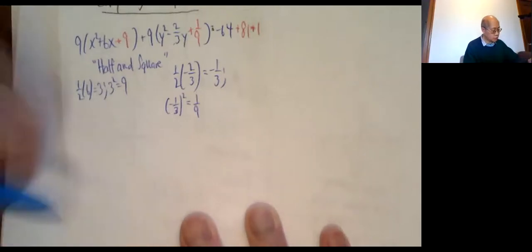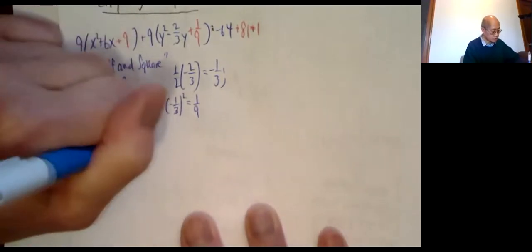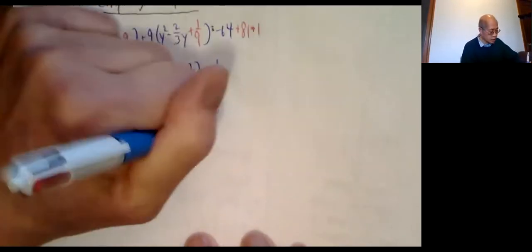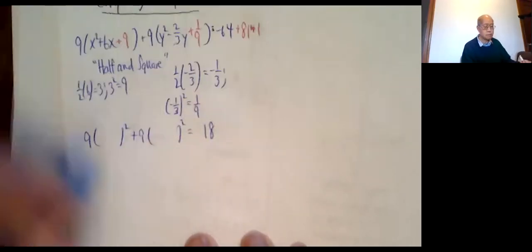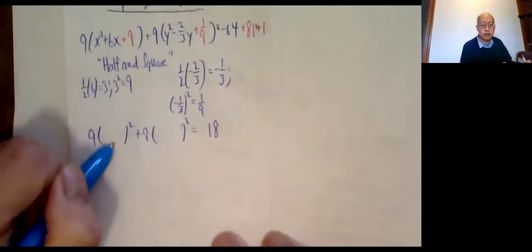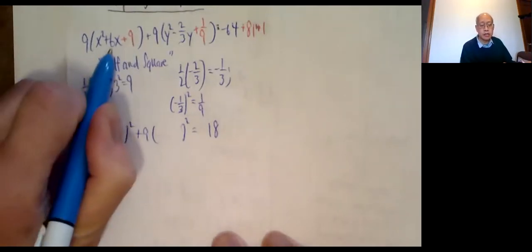My pen seems to be running out of ink. In other words, I can write it like this. And let's see, that is 17 plus 1 is 18. So what is this perfect square? You just have to give me the square root of this, square root of this, keep this sign.